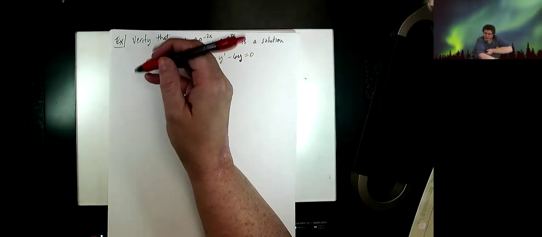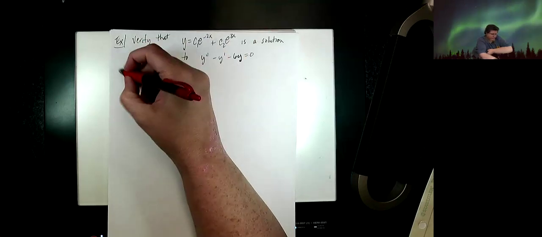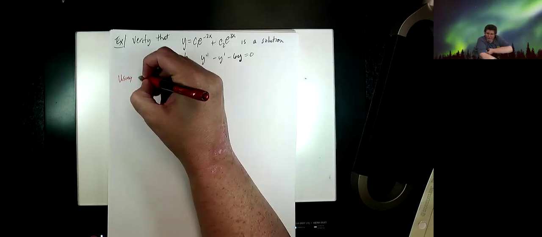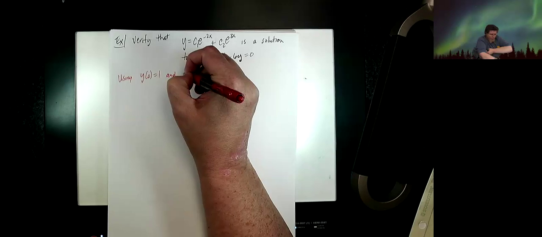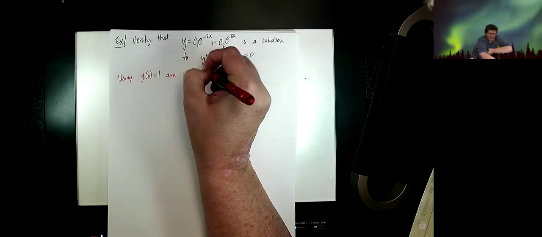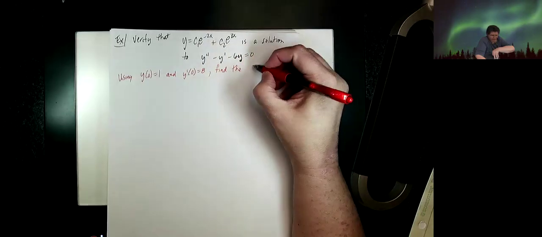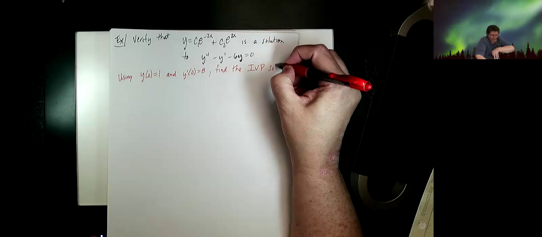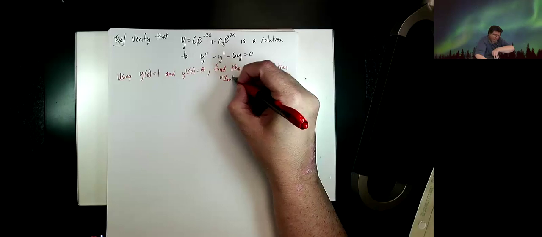And then we will apply, using y of 0 equals 1 and y prime of 0 equals 8, find the IVP solution, which is initial value problem.